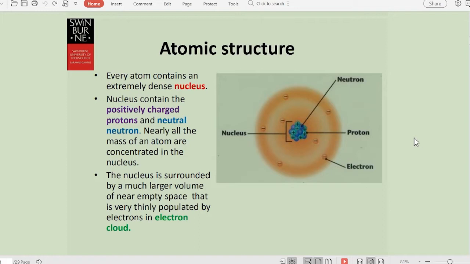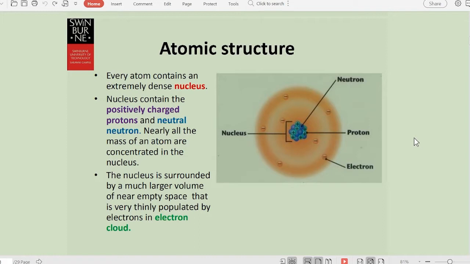So in that crystal ball, at the center, in space, in vacuum, there is a very small substance occupying a very small amount of space, but it has the maximum mass. It is very dense, very heavy matter that is occupying the center, and that is called the nucleus of the atom.